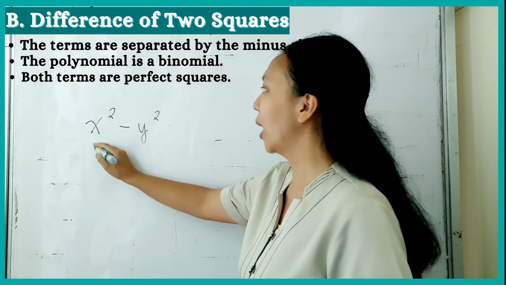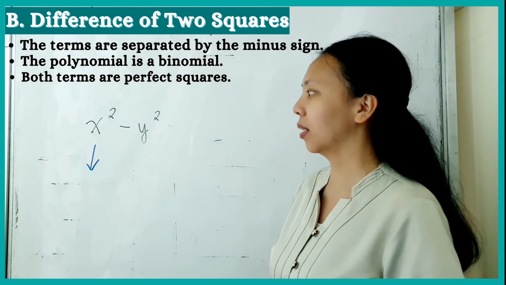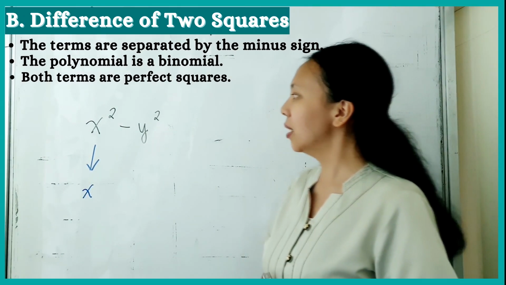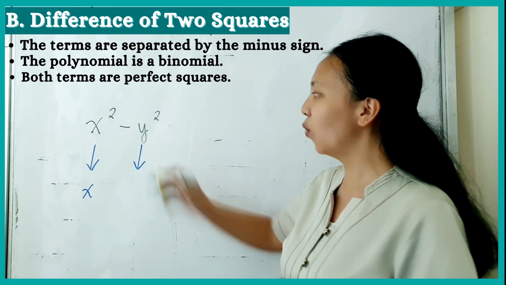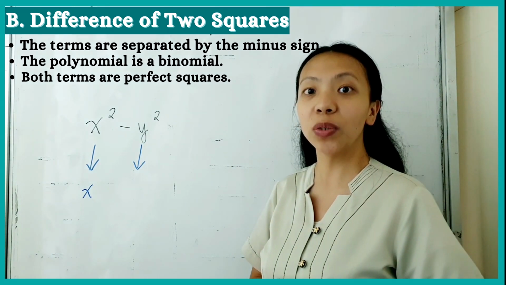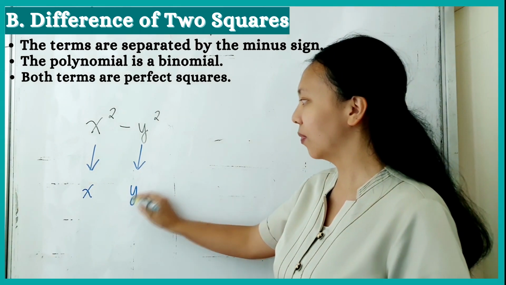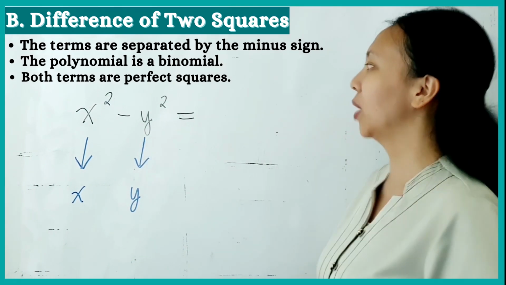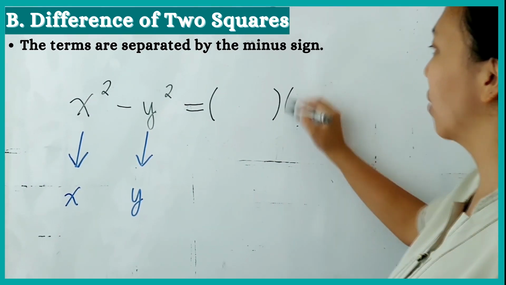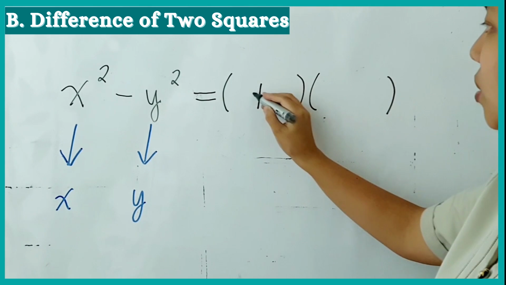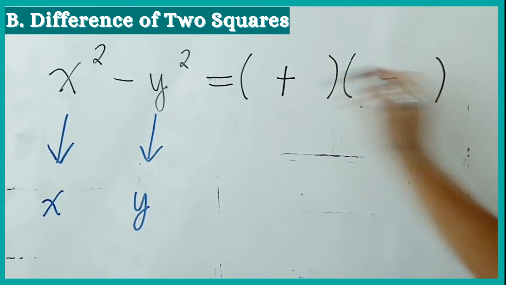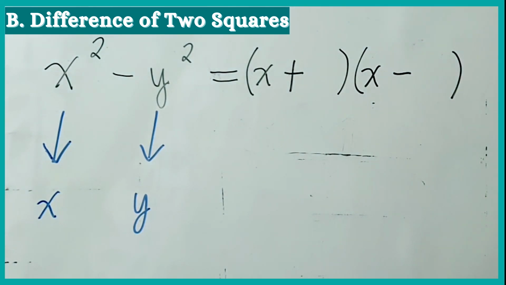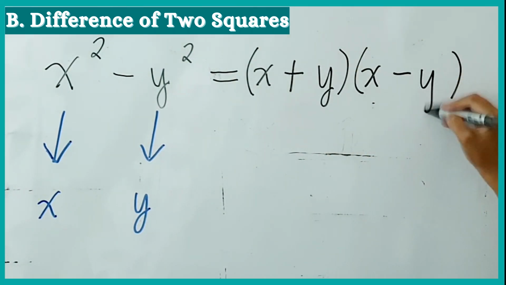We need to extract the square root of the first term x squared. Its square root is x. And we need to extract the square root of y squared. Its square root is y. Let us now write the factored form of x squared minus y squared. We have here the product of the sum and the difference of the square root of x squared and the square root of y squared.